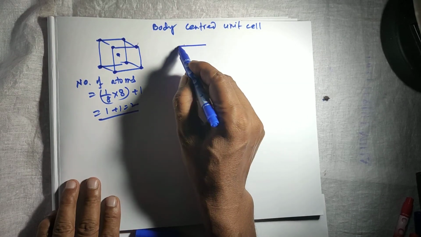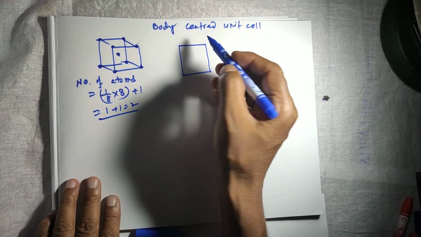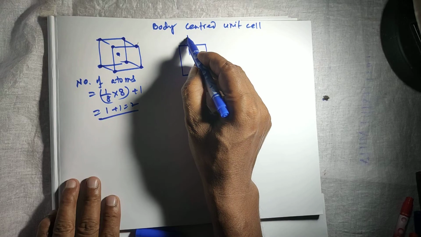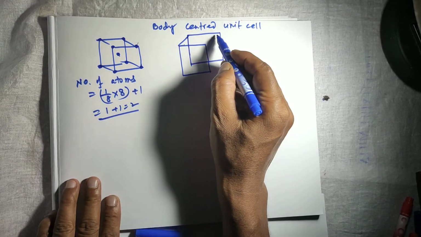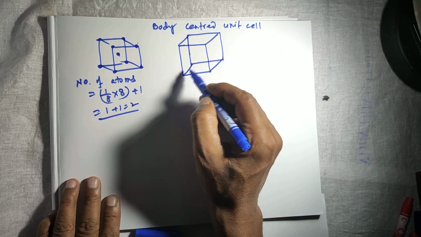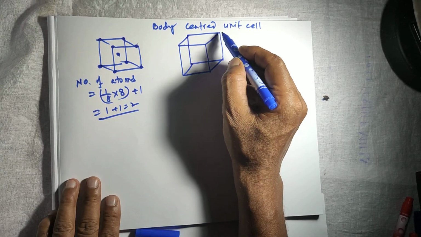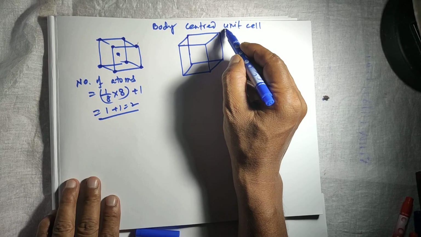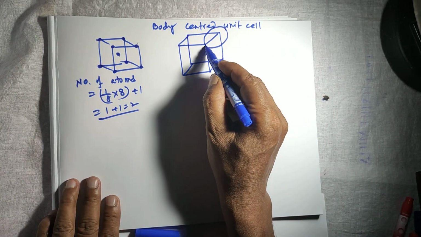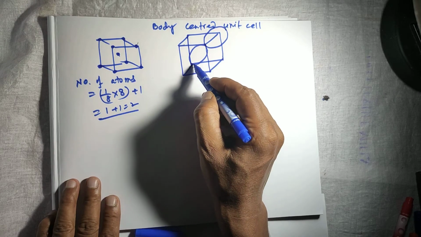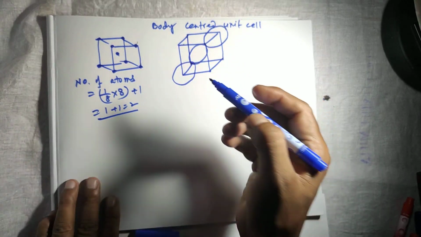Now I am drawing this unit cell again. So now this one, and this one.